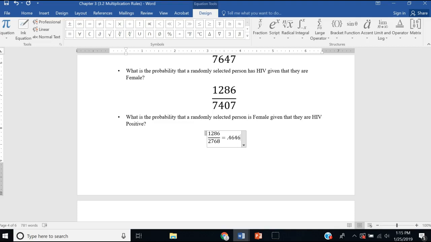I'm not going to, but it turns out you can reduce it in this case. So Moodle's going to ask for the decimal. On the test, I'd be more than happy if you just gave me the fraction. If you want to give me a decimal, that's fine, but the fraction's probably going to be easier to see.